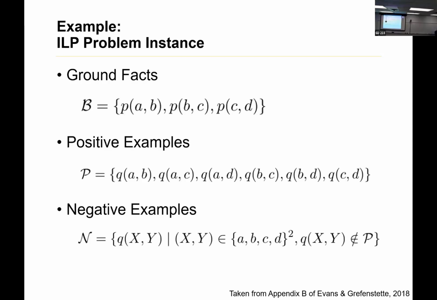Let's say we have the following ground facts: P(A,B), P(B,C), P(C,D). We're going to work through just this one example. We have the following positive examples, and then the negative examples. All this is saying, using this non-ground notation, is that it's everything that's not in the positive.